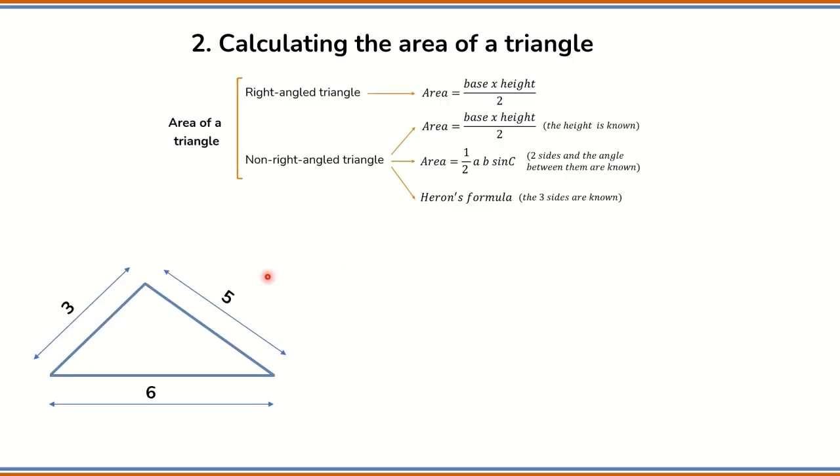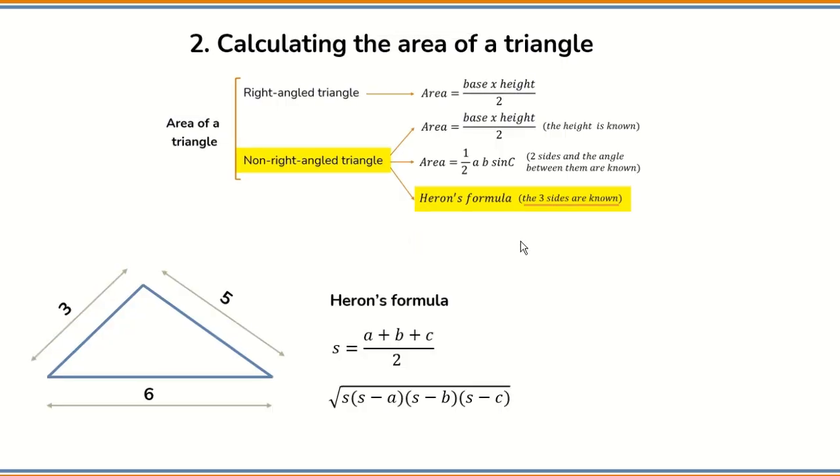Example 2. We have to calculate the area of this triangle. It's a non-right angle triangle, and the three sides are known. So we will be able to apply Heron's formula. S is the sum of the three sides, 3 plus 5 plus 6 divided by 2, and this is 14 over 2, 7.